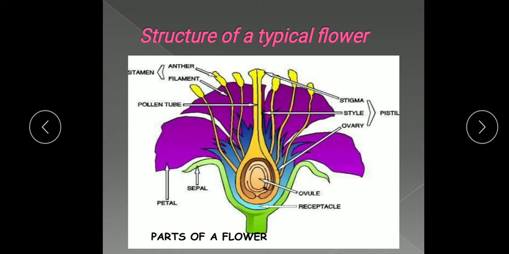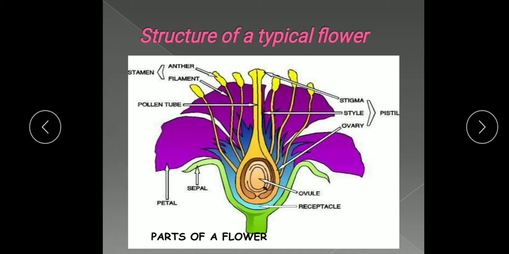The apex produces different kinds of floral appendages. Appendages means floral parts, and these parts are sepals, petals, stamens and carpels.